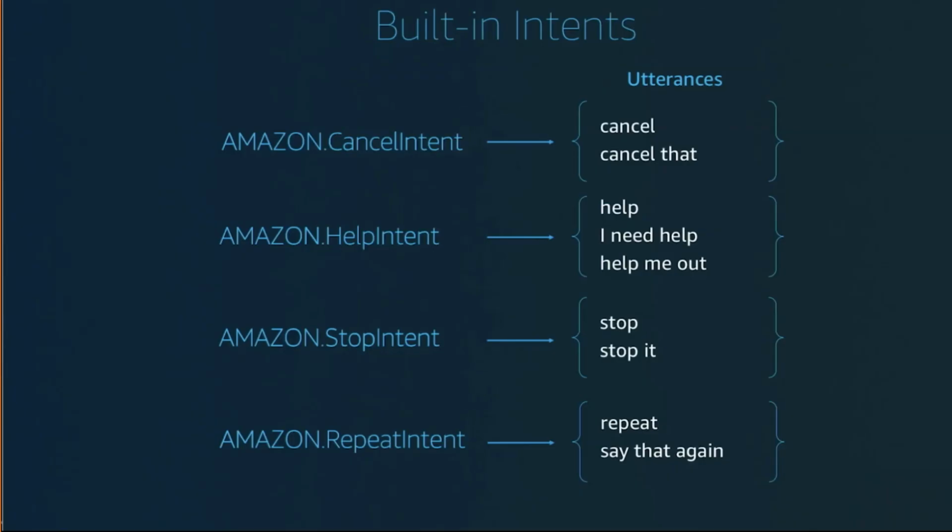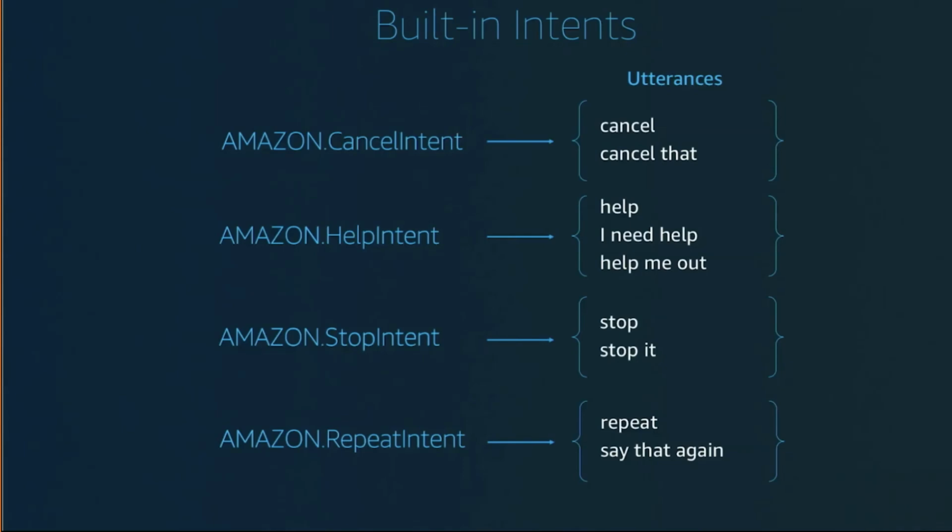Now, you can have basically infinite intents, but there are built-in intents that Amazon provides, and some built-in intents are mandatory if you want to pass the certification process. And these built-in intents can be help, cancel, stop, but there are also built-in intents like repeat, like shuffle, like get address, right?